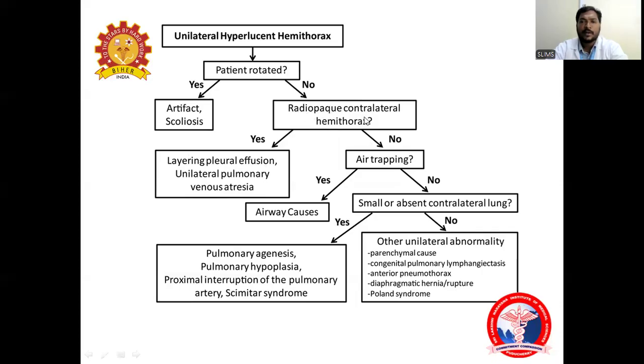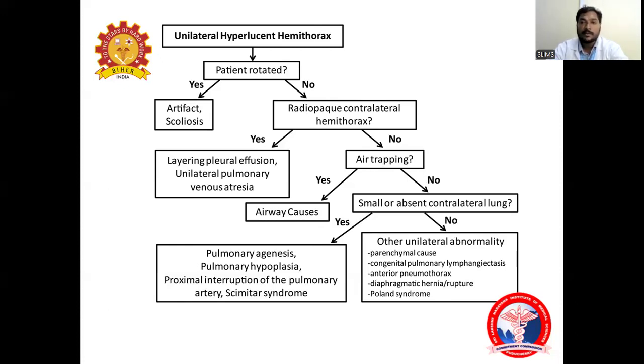If the radiopaque contralateral hemithorax is absent, then we have to look for signs of air trapping. If signs of air trapping are there, then we have to look for airway causes. It may be due to bronchial obstruction, extrinsic compression, or bronchial narrowing.